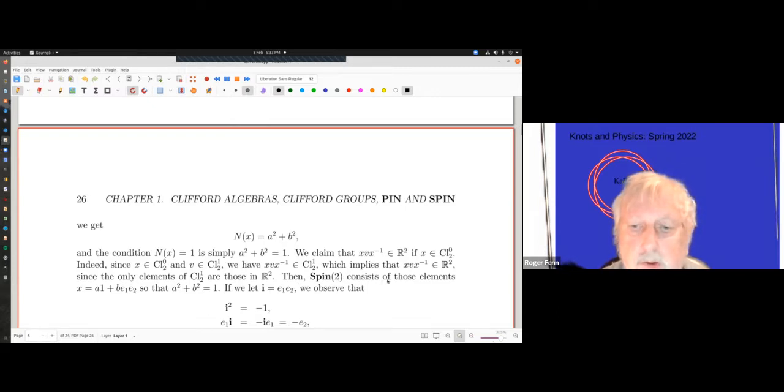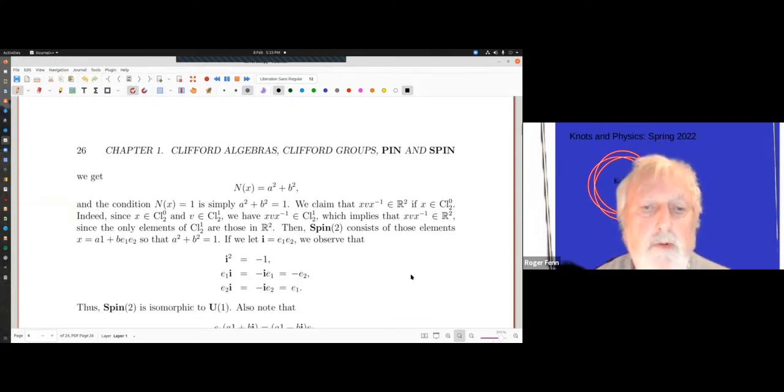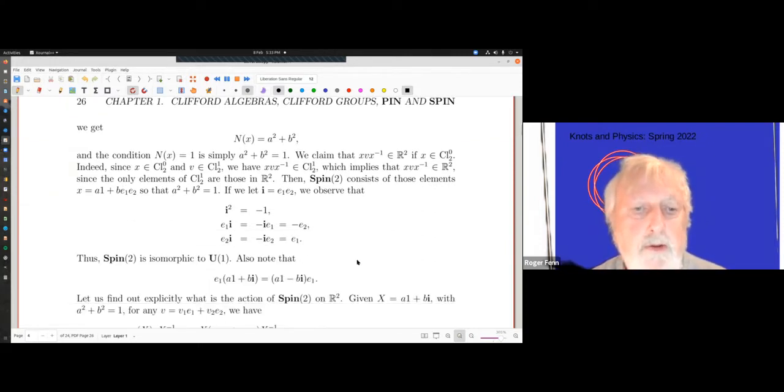So spin 2 consists of those elements x equals a1 plus b e1e2. We let I equal e1e2. Remember, we looked at this earlier. I squared equals -1. E1 I is minus e2. E2 I is e1.